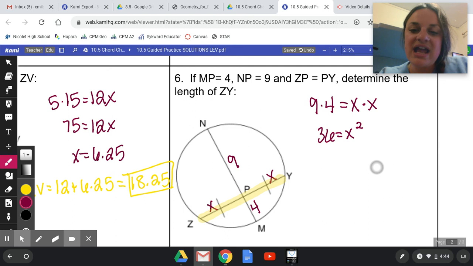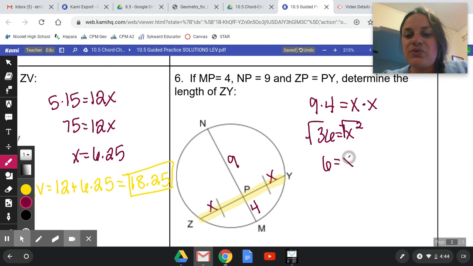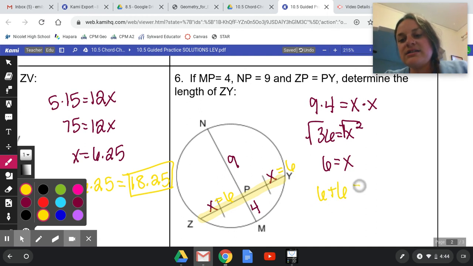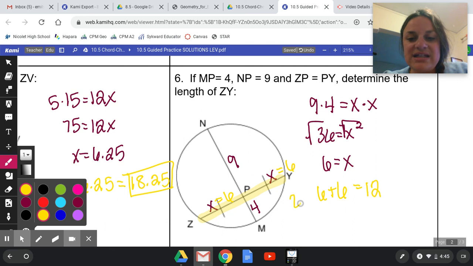Well, I'm going to take the square root of both sides. Square root of 36 is 6. So 6 is equal to x. So if I've got one side length here that's 6, and another side length that's congruent and is also 6, 6 plus 6 is equal to 12, which is the length of ZY, which is what I was looking for.